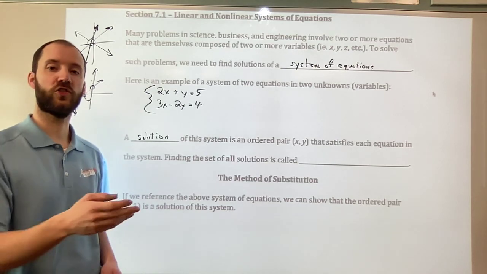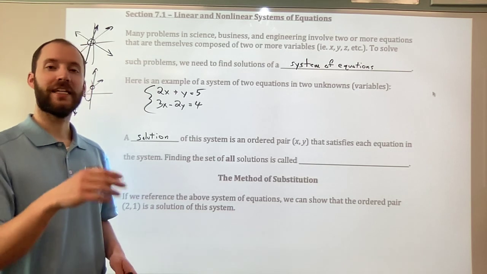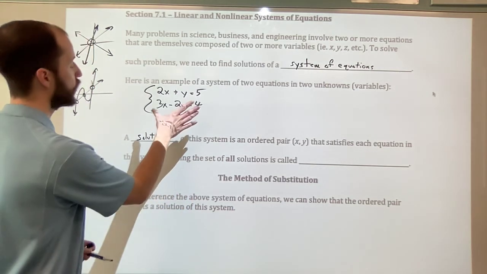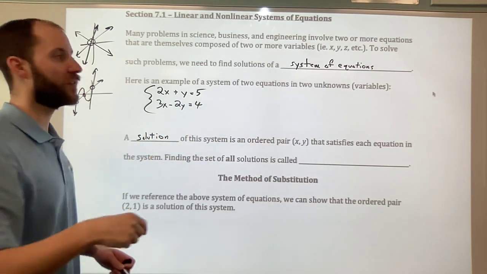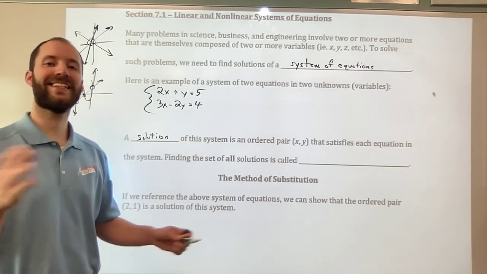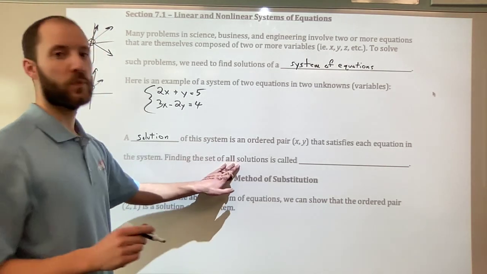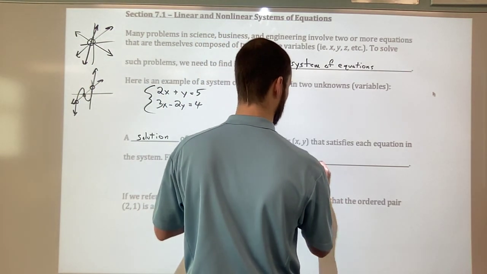And you have a solution of an equation. If that coordinate yields a true result in both or multiple equations in the same system, you have a solution to the system of equations. So that's when we find all solutions. We are solving this system.